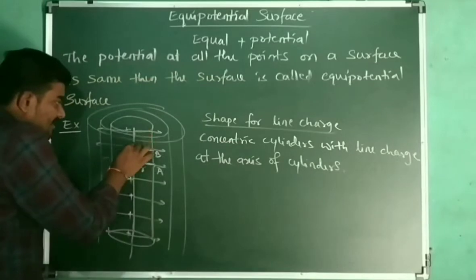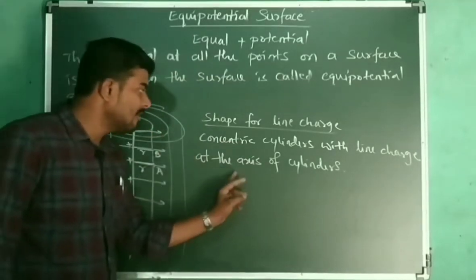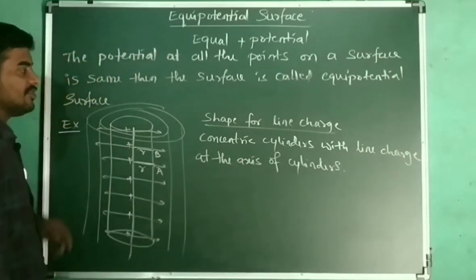This line charge itself is the axis for the cylinders. So this is the shape of equipotential surfaces for a line charge distribution.